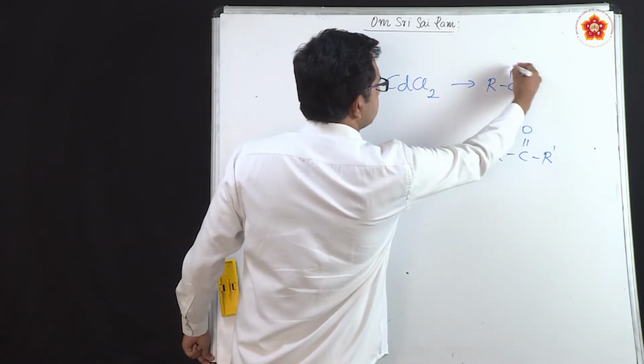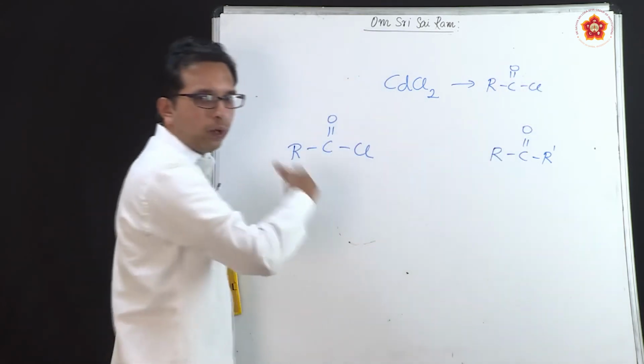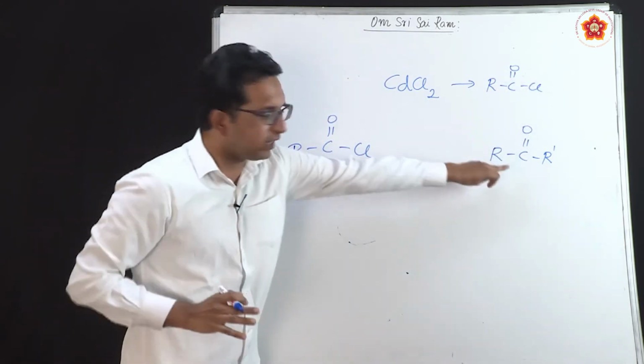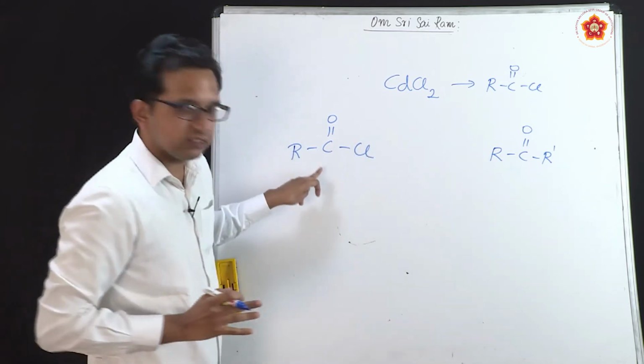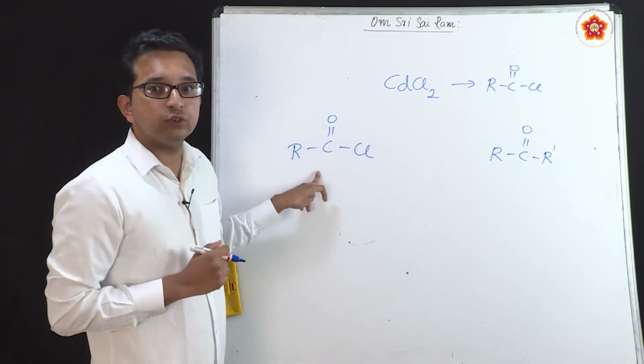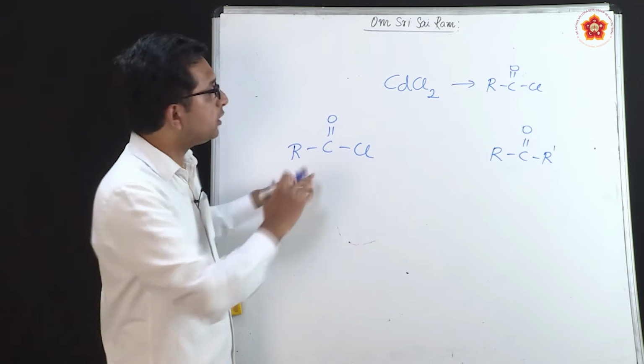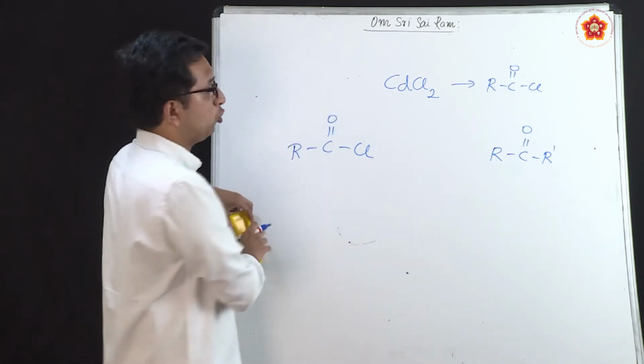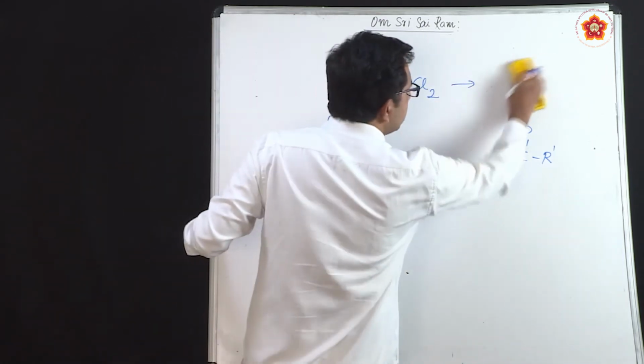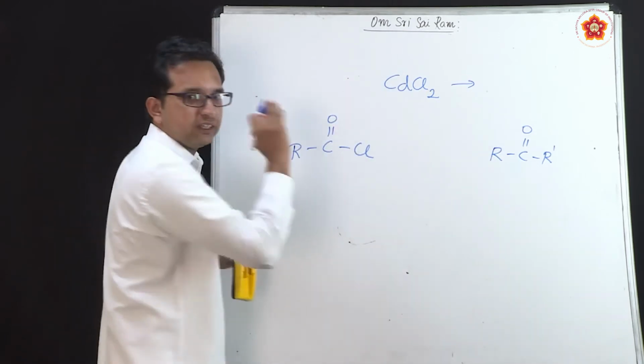So, this is an overview which I gave you, where to obtain ketone we are going to use acyl chlorides. And how do we use these acyl chlorides? We are generally going to have the reaction from cadmium chlorides. So, this part is nothing but utility for further reaction.